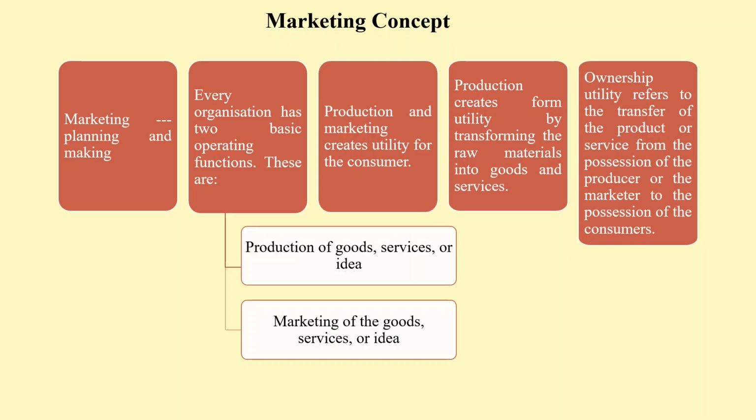Utility refers to the want-satisfying power of a good or service. Production creates form utility by transforming raw materials into goods and services. Ownership utility refers to the transfer of the products or services from the possession of the marketer to the possession of the consumer.